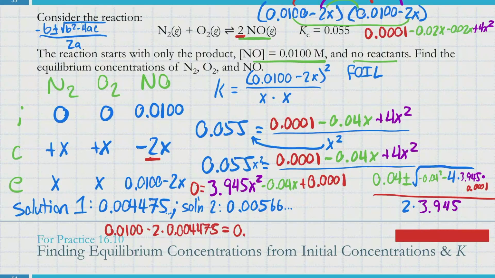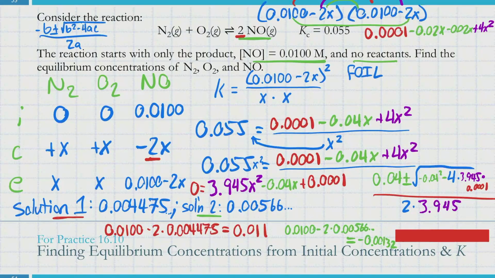I put in the wrong thing. 0.0011, we would round it to. That's with solution 1. For solution 2, we'd get a negative equilibrium concentration.